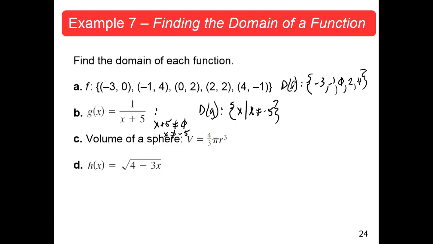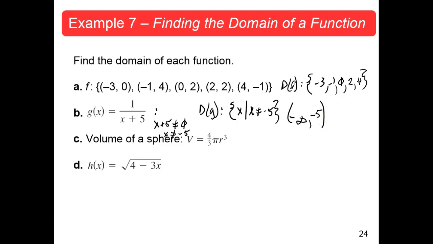All right. Can you think of another way to express that domain? Interval notation. Okay, how would it begin? Open parentheses, negative infinity to -5. Parentheses, because it cannot equal -5.